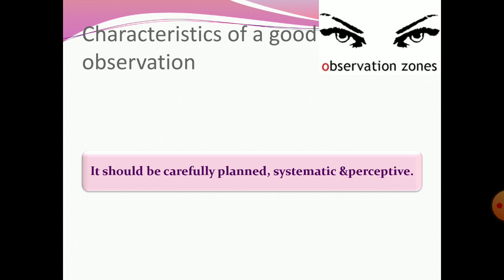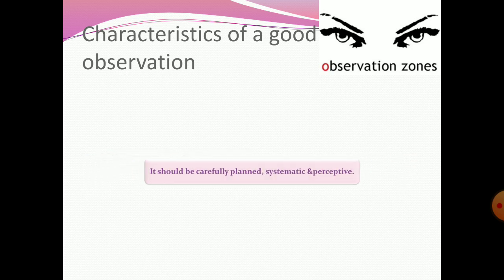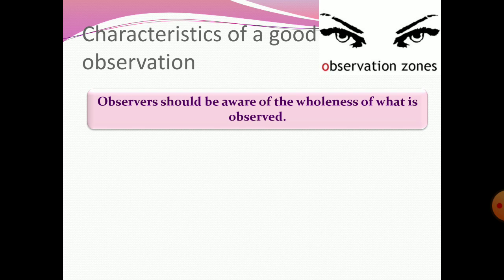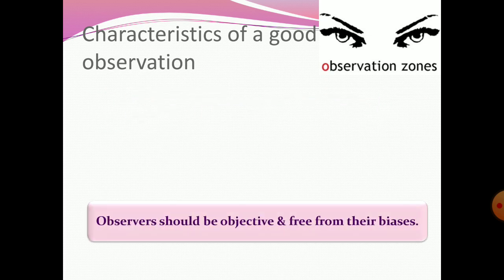First of all, it should be carefully planned, systematic, and perceptive. Observers should be aware of the wholeness of what is observed. Observers should be objective and free from their biases.